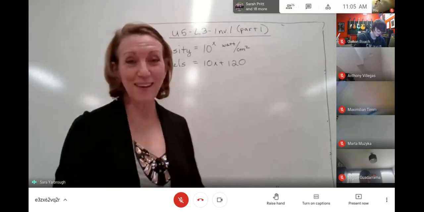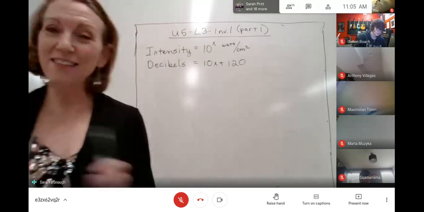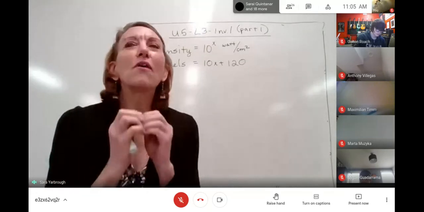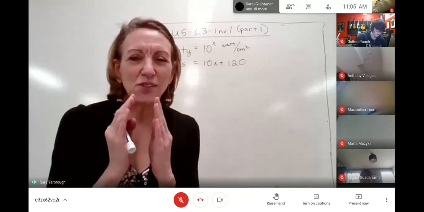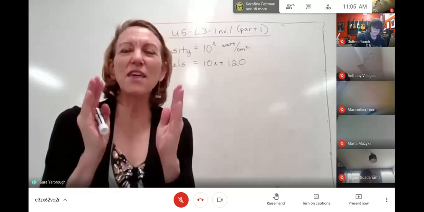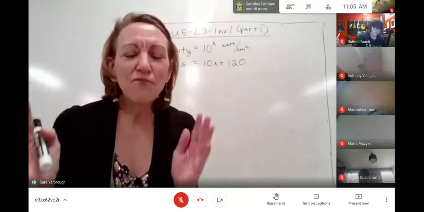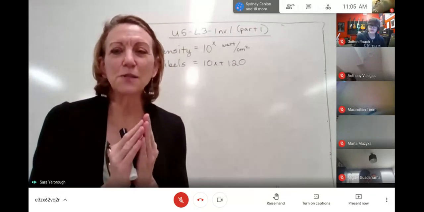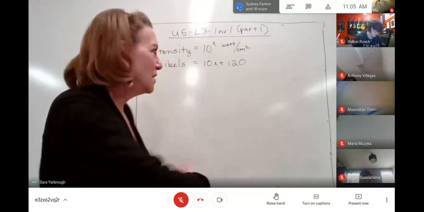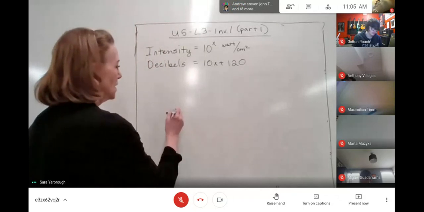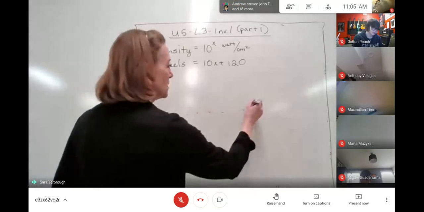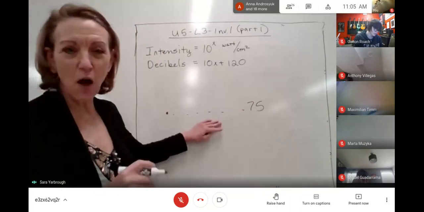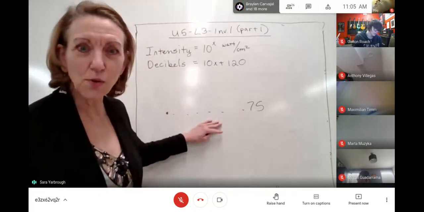This is really exciting. I love logarithms. I really do. Logarithms is the world of the infinitely small, because this is how we can express numbers that have 50 zeros and then 75. You can express that as a logarithm in a much easier way.